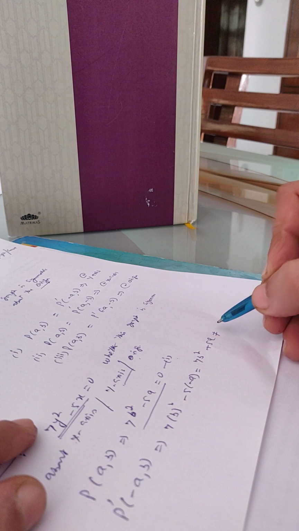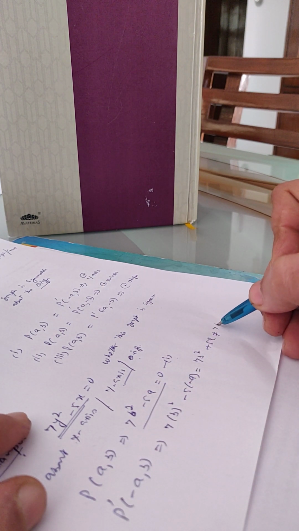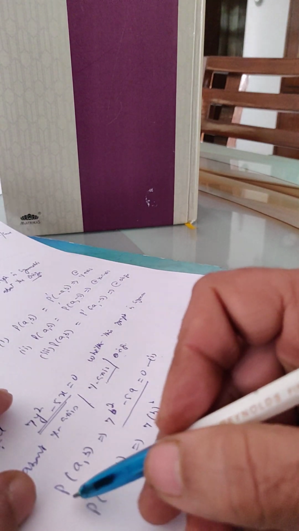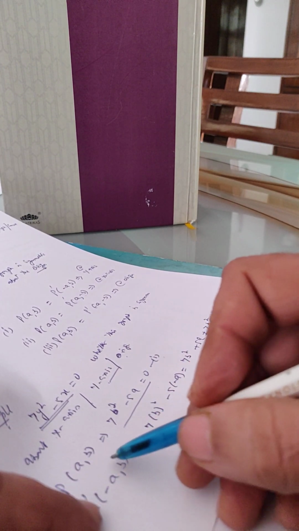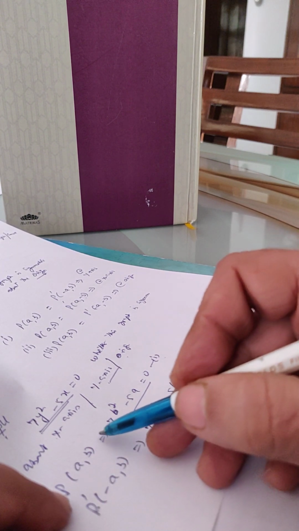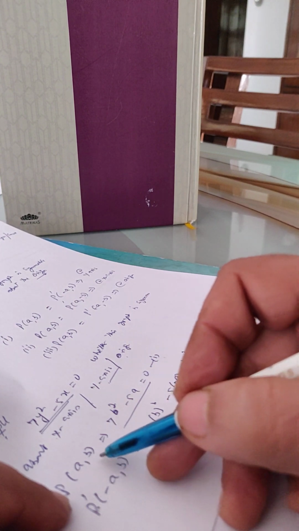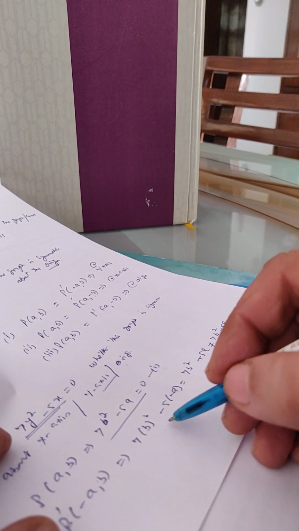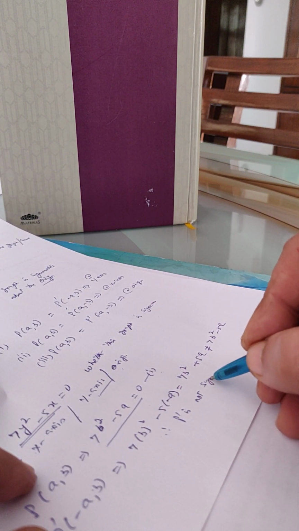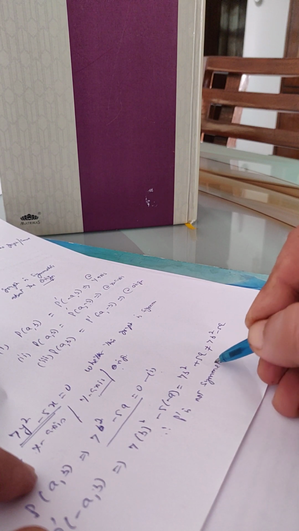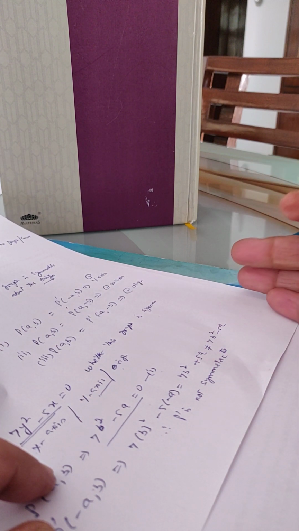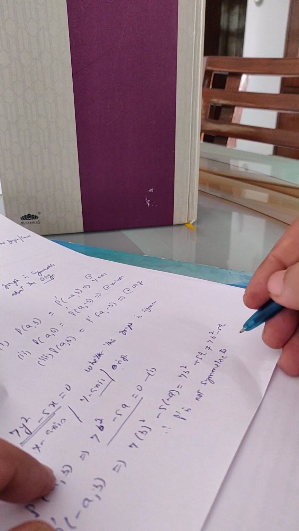This is not equal to 7b square minus 5a. This is the object and this is the reflection, so these two are not symmetric. Therefore P dash is not symmetric to the y-axis.